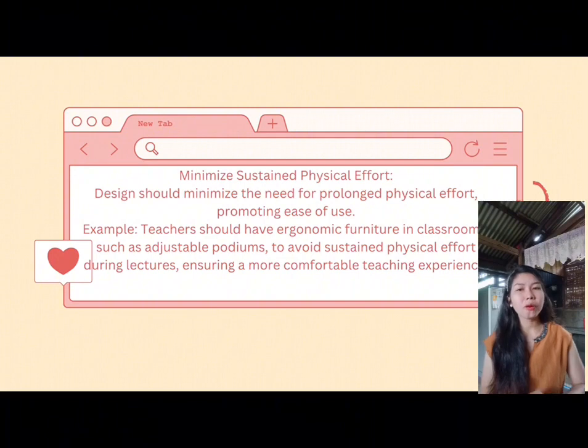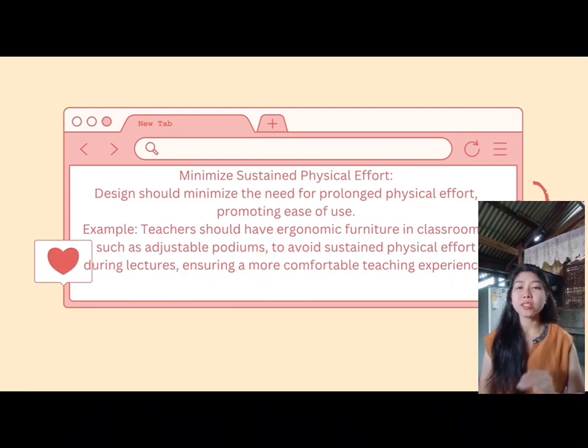So, by incorporating these principles and guidelines into the design of educational spaces and tools, we can create environments that are accessible and inclusive for both educators and students.